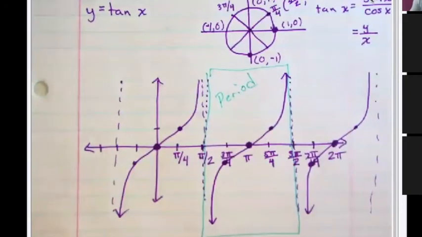So if our A value is positive, then tangent rises as we go from left to right. So it looks like that. But in this case, if our A value is negative, then tangent falls as we go from left to right.